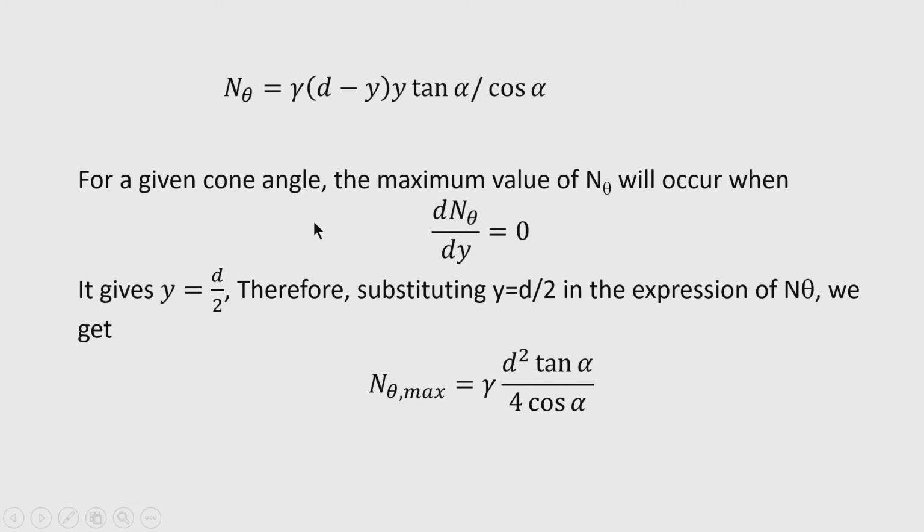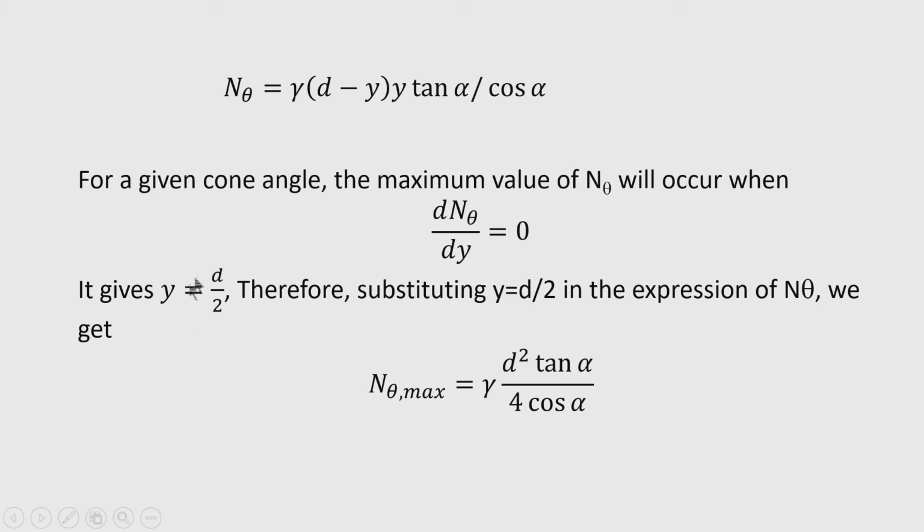So, differentiating this n theta with respect to y and then equating to 0, you get d y minus y square, and the other quantities are constant. Alpha is a constant. So, tan alpha is a constant, cos alpha is a constant, gamma is a constant. So, if I differentiate d y minus y square with respect to y and equate to 0, then we get y is equal to d by 2.